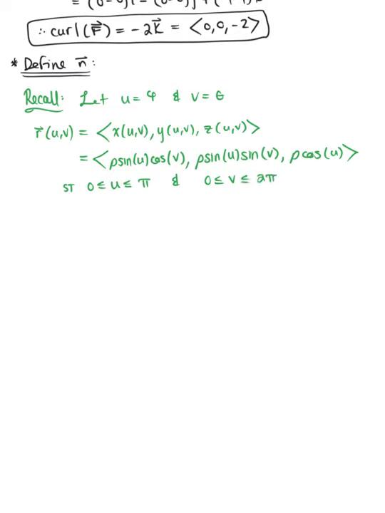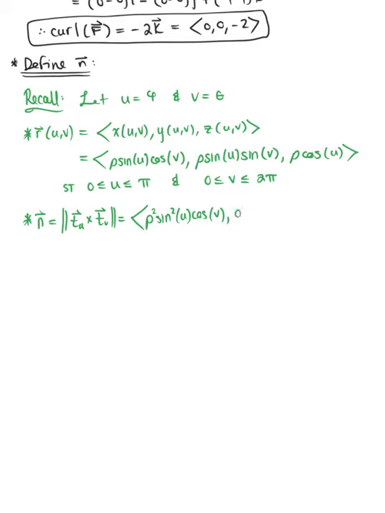For this standard parameterization, remember that the normal vector is defined as the cross product of the tangent vector in the u direction and the tangent vector in the v direction. And this is defined as rho squared times sine squared of u cosine of v.